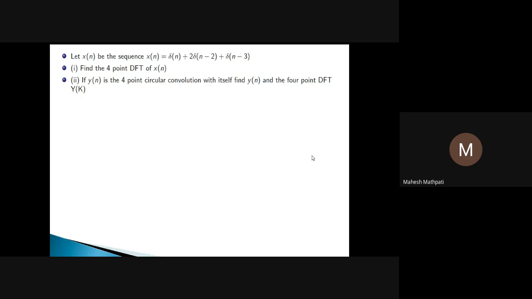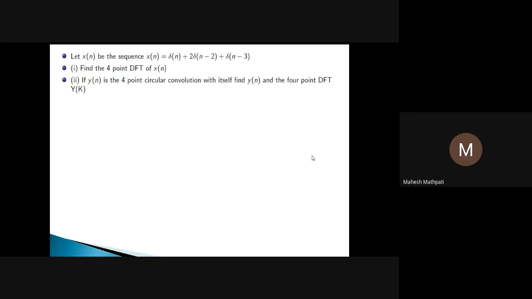Similarly, calculate x of 2. It is delta of 2 plus 2 delta of 0 plus delta of minus 1. The answer is 2, because the coefficient of delta of 0 is 2 and the value of delta of 0 is 1.